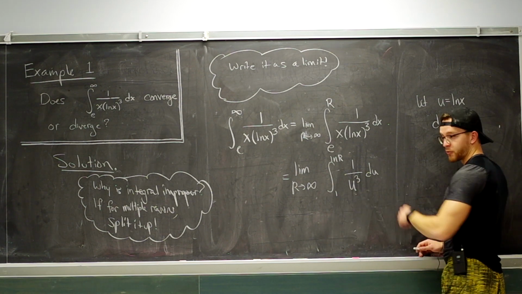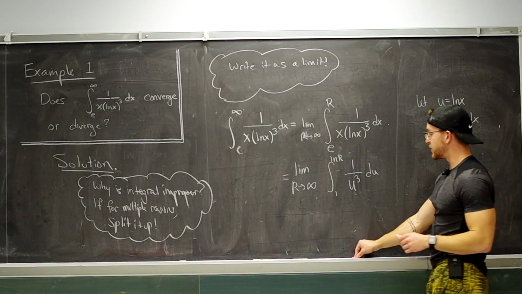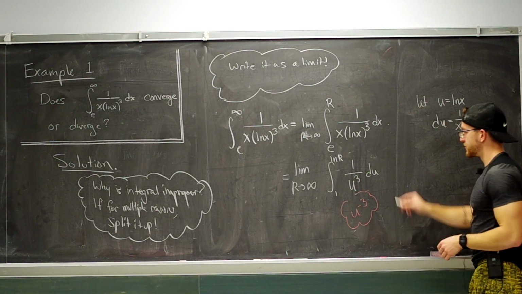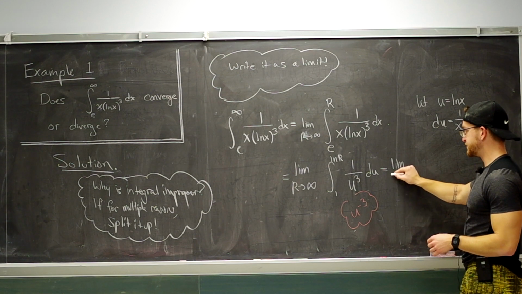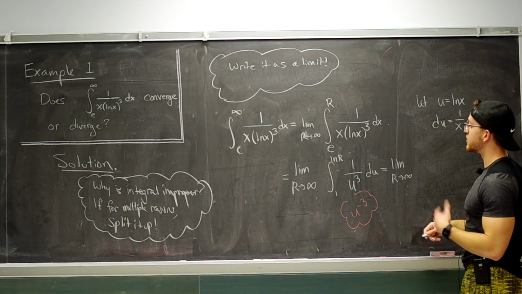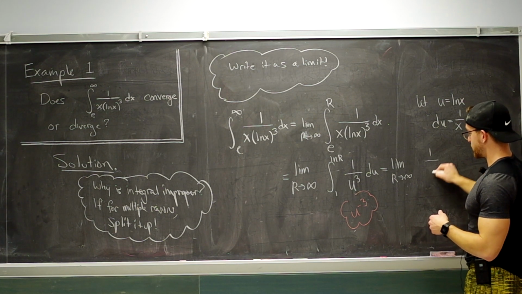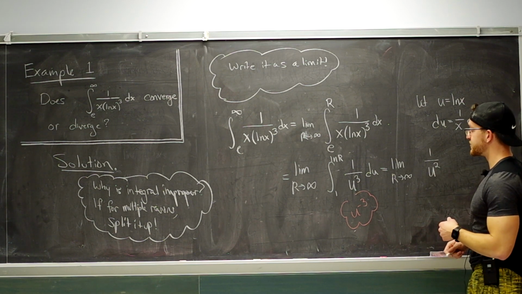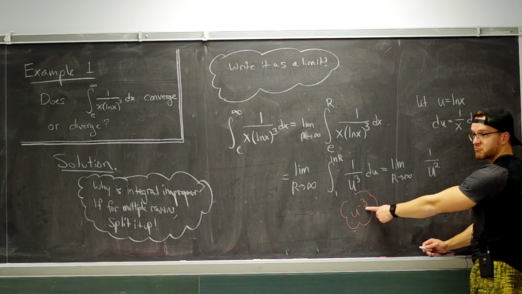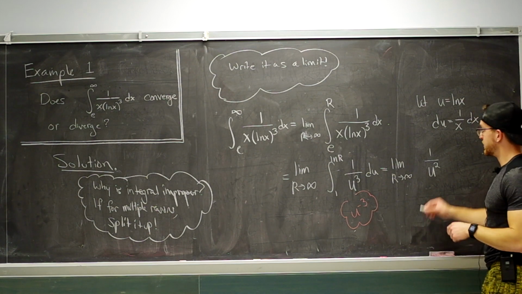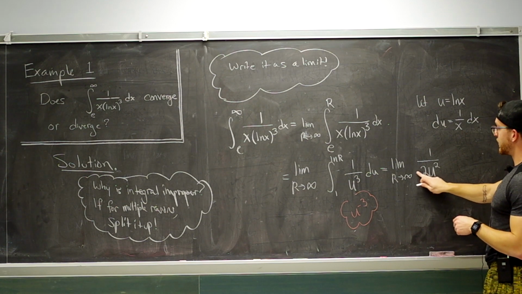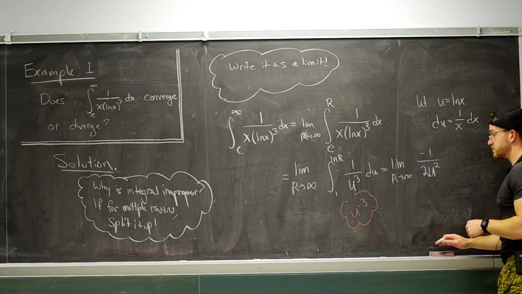And then this is a power rule problem. This is u to the negative 3. So the antiderivative is no problem. Power rule says bump up the exponent by 1 to negative 2, which is 1 over u squared. And then divide by the new exponent, which is negative 2. So there would be a negative 2 down here. The negative sign I could put upstairs.